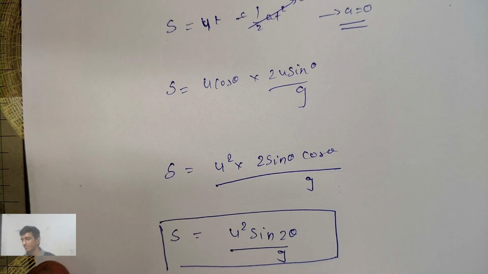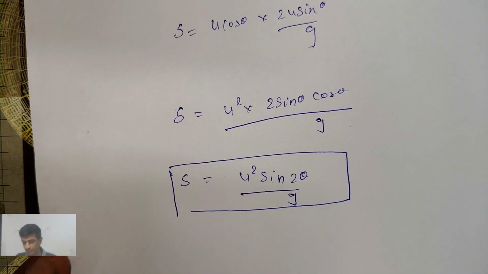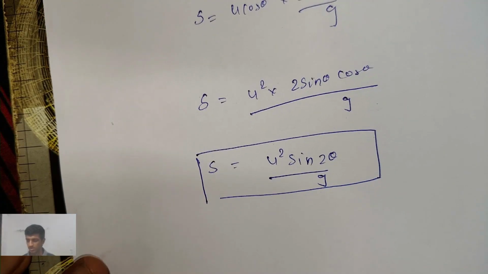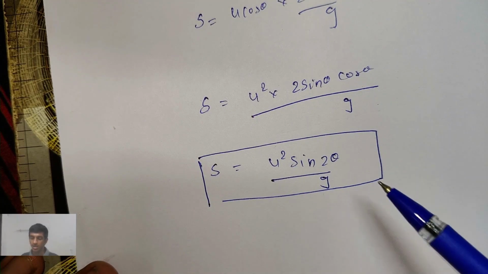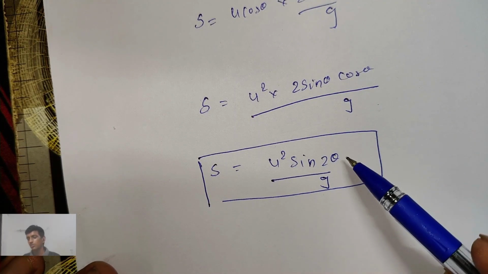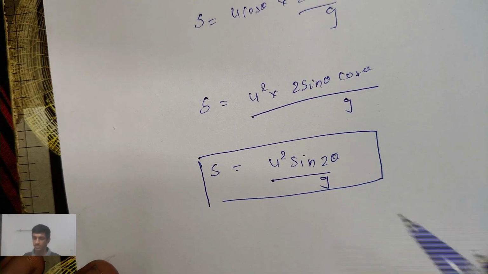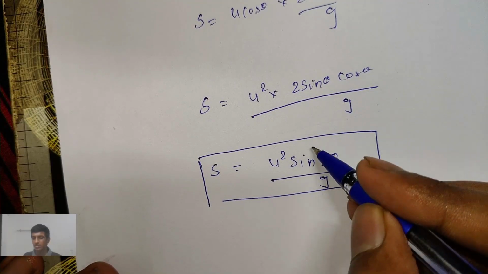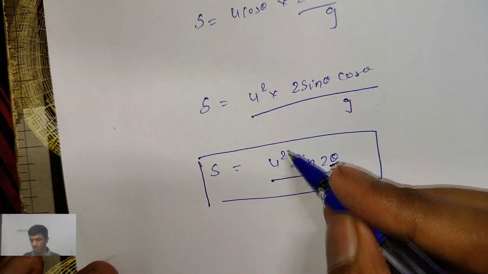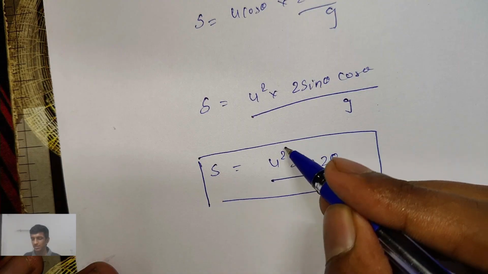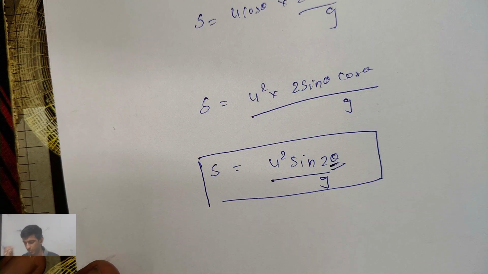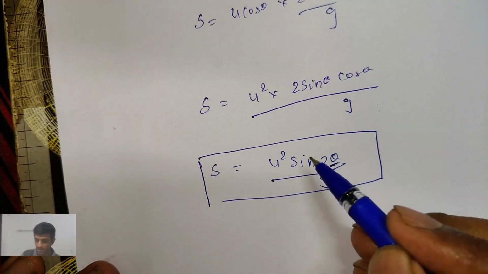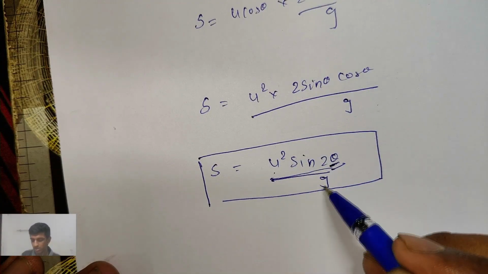Now let's get to know some points. The maximum horizontal range is achieved when theta is equal to 45 degrees. When theta is 45 degrees, sine 2 theta becomes 1, because of which u square by g is the highest value. Let's understand this. To maximize this, u square is a constant, g is a constant.